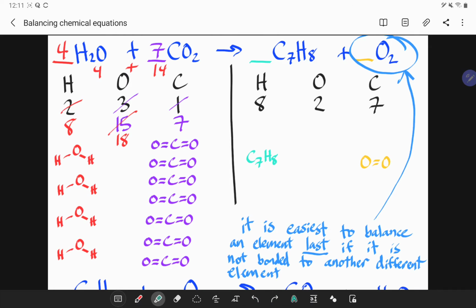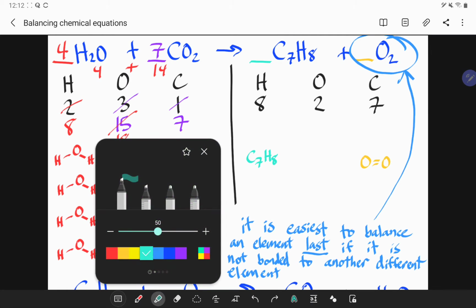Okay. So hydrogen is balanced. Carbon is balanced. Now we've got to focus on the oxygens. All right, so we've got to think about where I can add a number in order to balance out the oxygens.